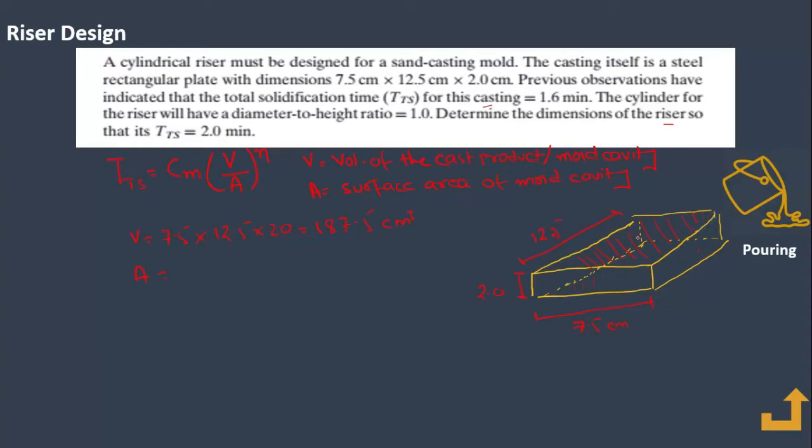So we'll start with the surface area of the top and the bottom face, that is equals to 12.5 centimeter into 7.5 centimeter, right?